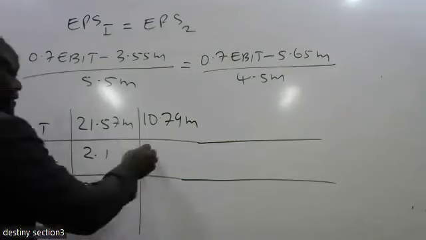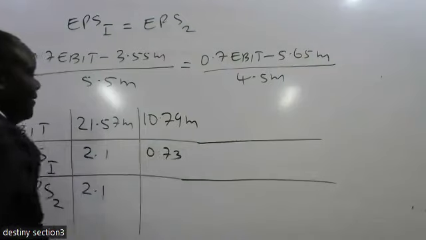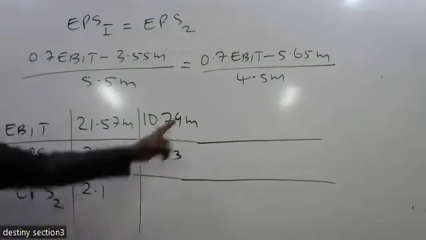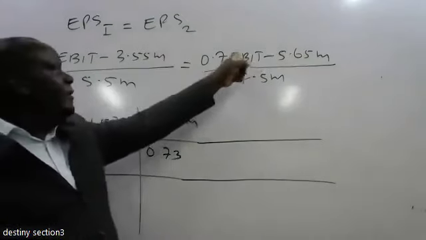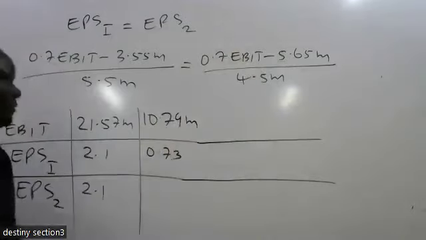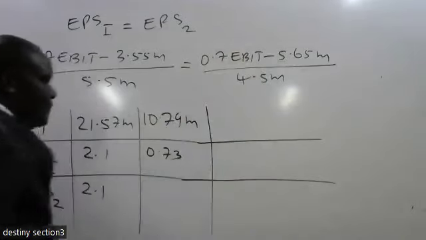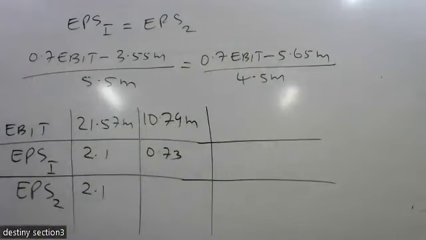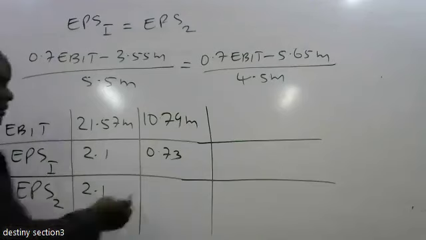Also for option 2, repeat the same, where there is this figure, replace it with that amount. It is 0.42.